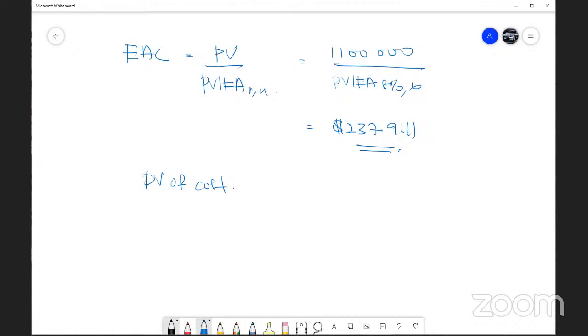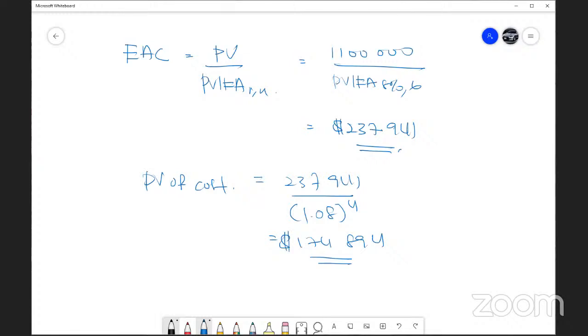So now you want to count the cost if it only lasted for 4 years. So how much is it? 237,941 divided by, you're discounting backwards. So you get 174,894.